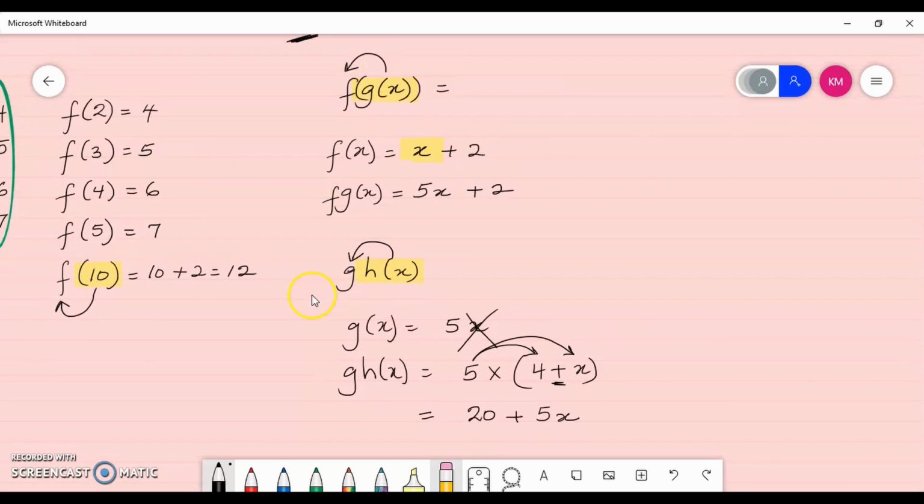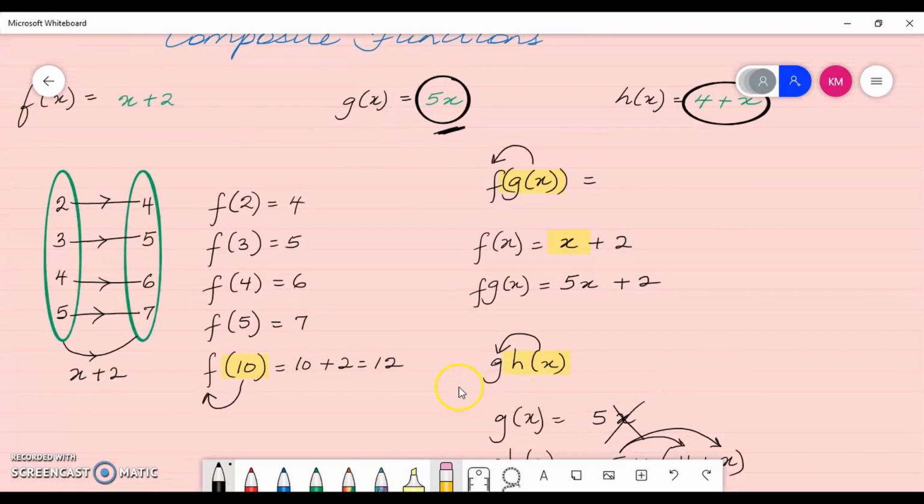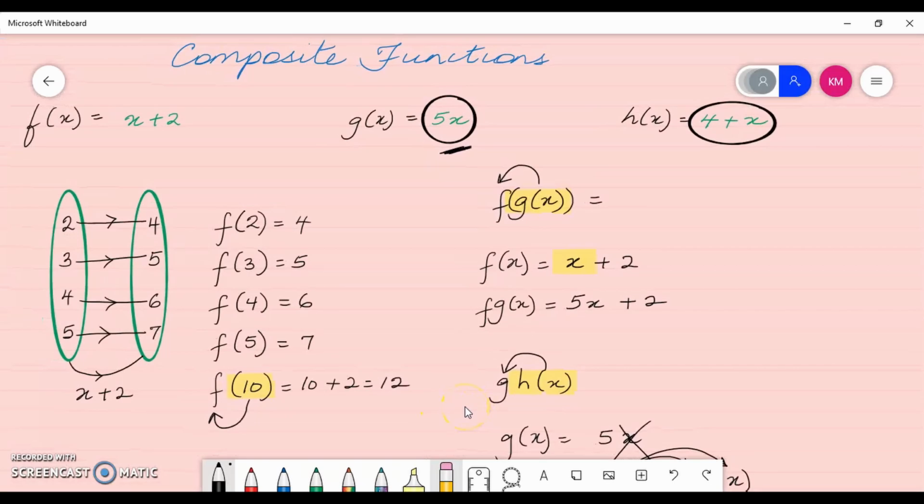Let's have a look at one more. Let's say we wanted to find h of f of x. What they are telling us to do is take the function f of x and put it into the function h. So we are starting off with h. h of x is 4 plus x.